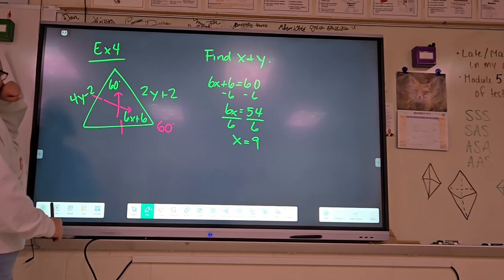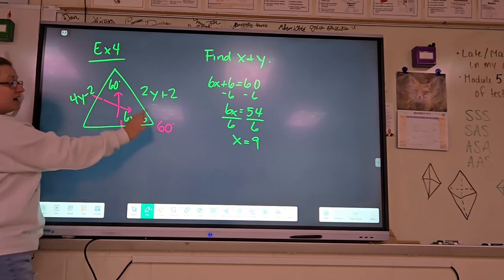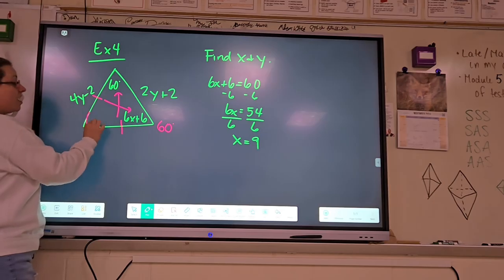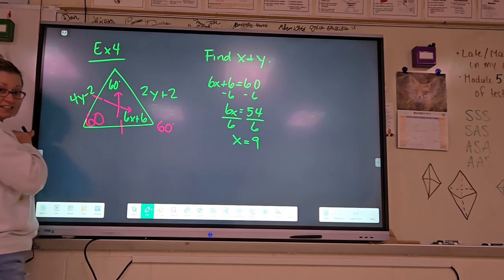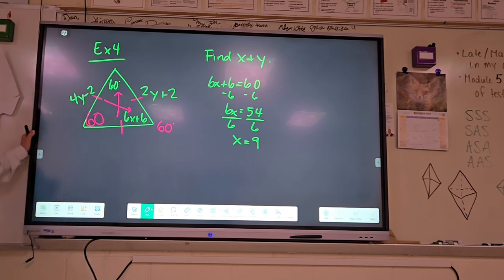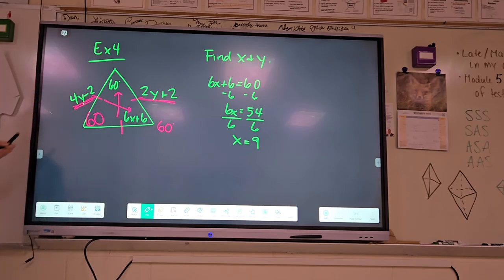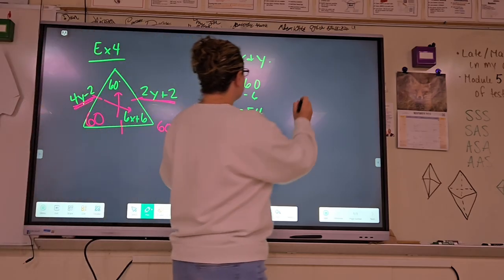So, since now I know this angle is 60 and this angle is 60, I also know this angle has to be 60, which means that this side is also congruent to the other two. Then when I'm trying to find y, I can set these two parts equal to each other. So I can say 4y minus 2 equals 2y plus 2.